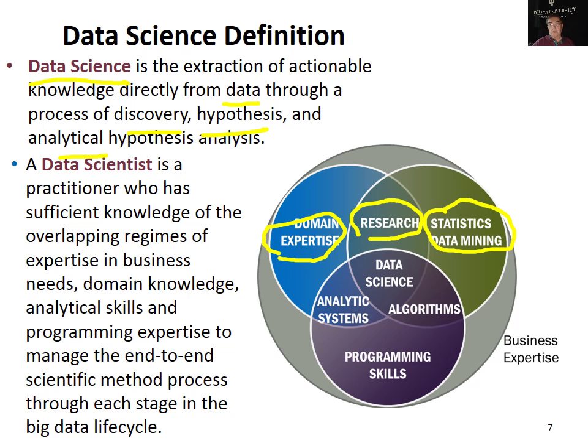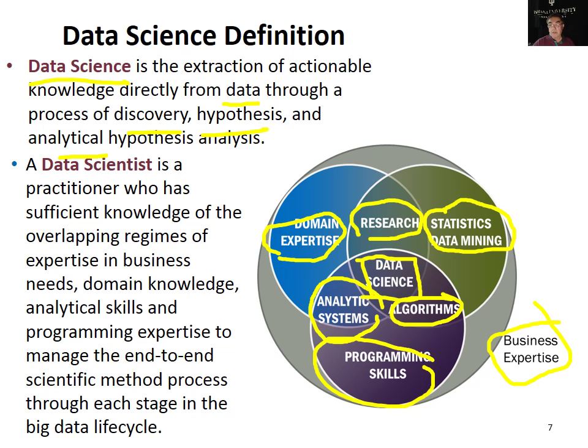If you're an astronomer, you have different expertise from a physicist, which is different from a Netflix employee. You have various analytic systems. You have algorithms which are used in those analytic systems, and everything lives in a giant pool of Java and Python, etc. And then in the middle, integrating all these things together, we have data science, and all this is bathed in business expertise. So that's what data science is.